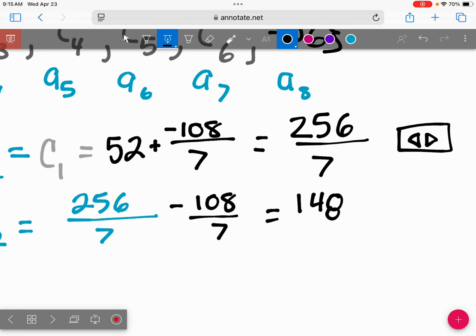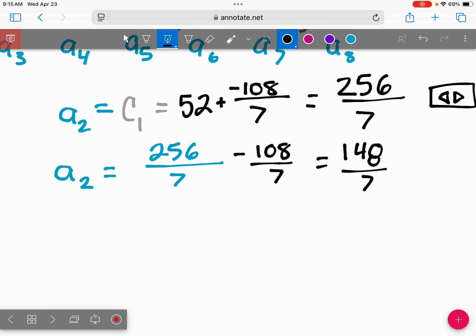I have 148 over 7, but double check me. 256 minus 108, yeah, it's 148 over 7. When we leave it in fractions like this, they already have a common denominator. So really all I need to do for my numerators is subtract 108. Subtract 108. Subtract 108. So our A sub 3 is going to be 40 over 7.